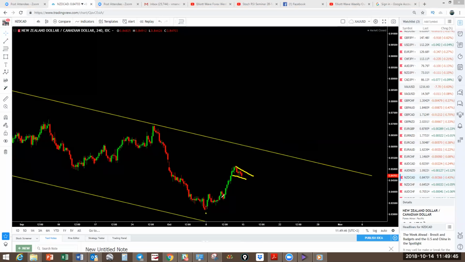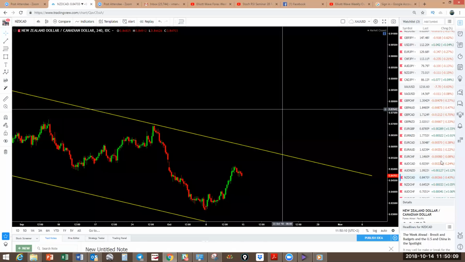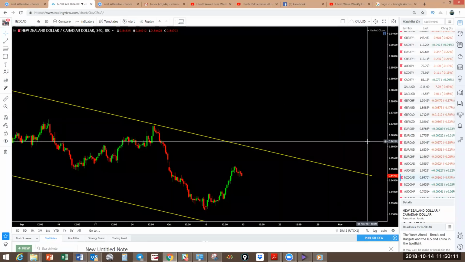So just be careful. It has made a 1, 2. And internally here, it has made a 1, 2, 3, 4. Possibility for the 5. 1, 2, 3, 4, 5, and a deeper correction before we start going. Okay, so let's see how this plays out. Right, that's New Zealand CAD. Now let's look at oil.